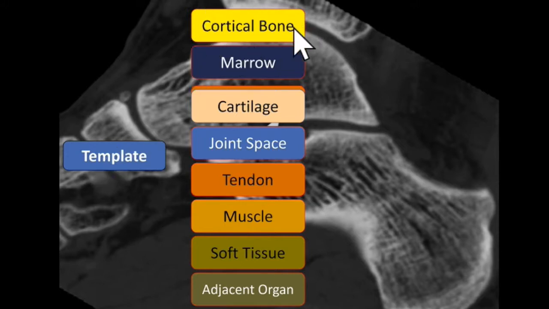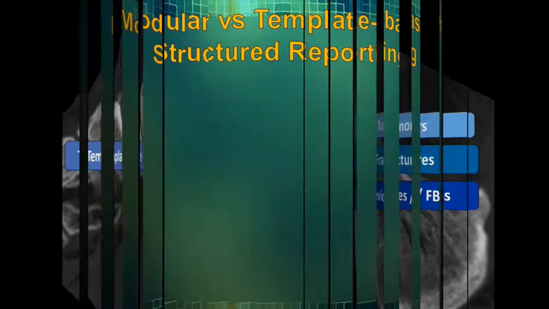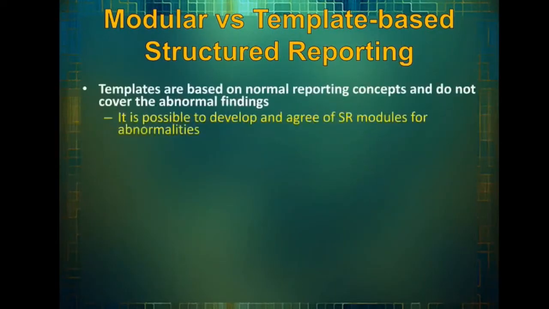If you compare them together, there are some advantages for modular structured reporting compared to template-based ones. The first is that the templates are based on reporting concepts and usually do not cover the abnormal findings. If we focus on the modular approach, we can have structured reporting modules for abnormalities.